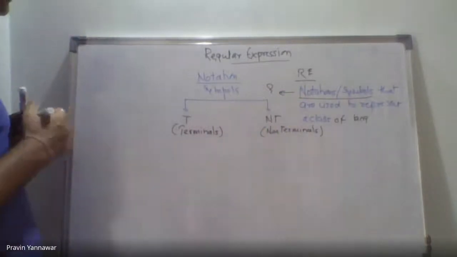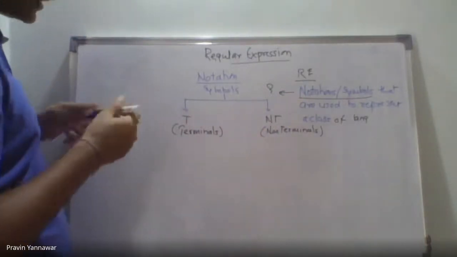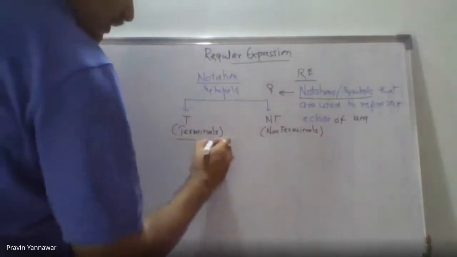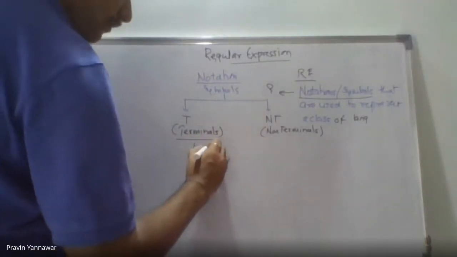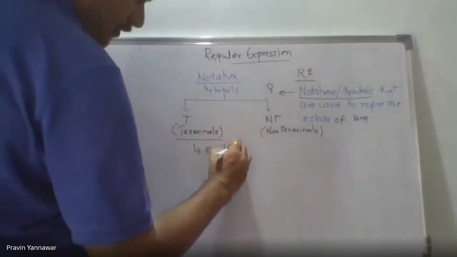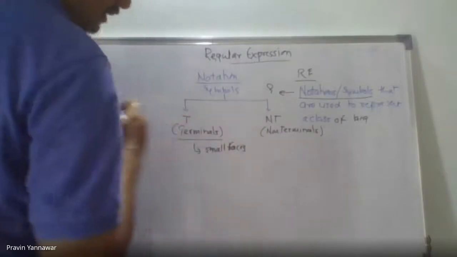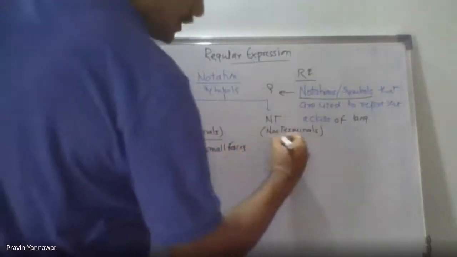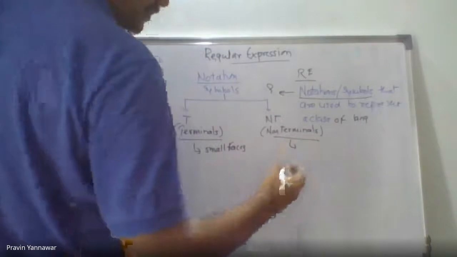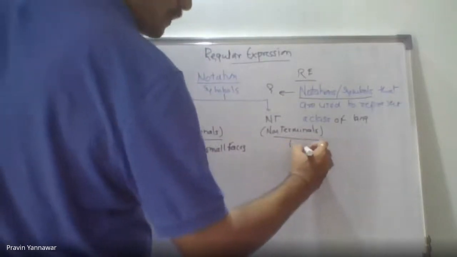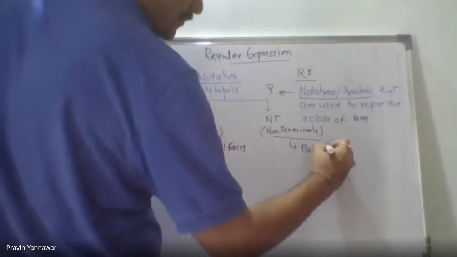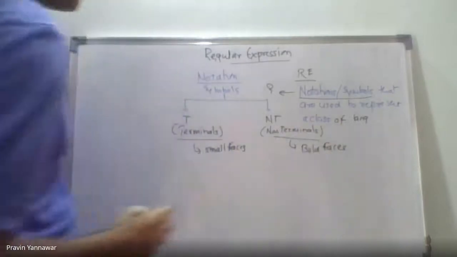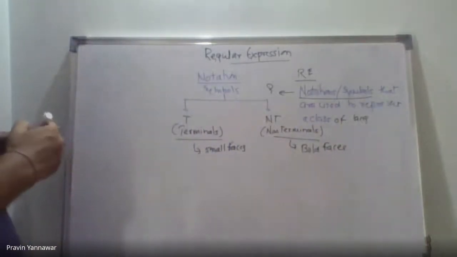Now let us try to understand their properties. Terminal symbols are the symbols referred to in small face. Non-terminals are the symbols presented in bold face.